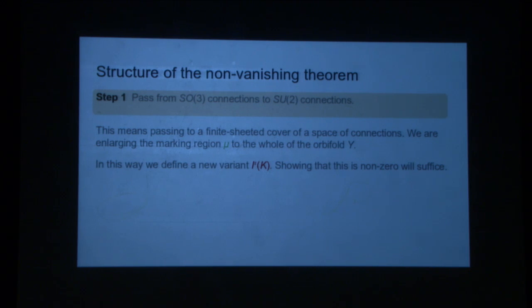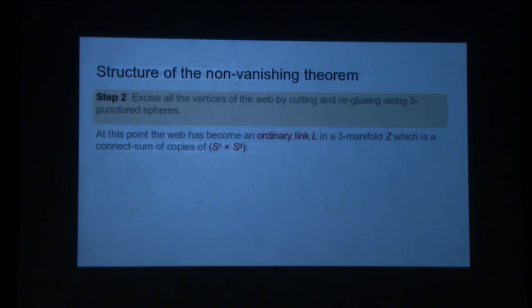But if I sharp of K is non-zero, then some component of the J sharp space has some iterated Z mod 2 cover with non-trivial homology. If a Z mod 2 cover has non-trivial homology, then so does the base with Z mod 2 coefficients. So non-vanishing of I sharp will be sufficient. So we can now forget about SO3.